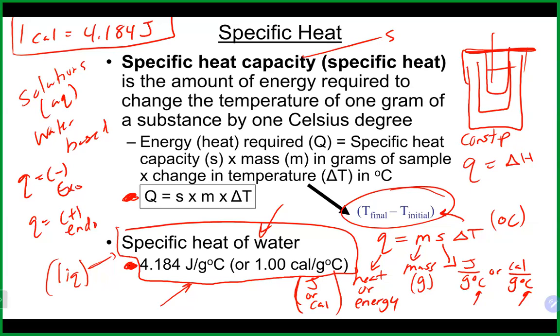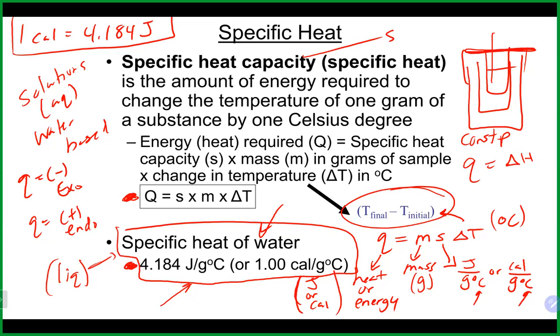Kind of like your metal you're going to heat up today. It's hot, very hot metal. You're going to throw it into the water, it's going to get cold. And that means when you take the smaller number minus the larger number, you'll end up with a negative value for the change in temperature, which will give you a negative value for Q, which means that's an exothermic type process, energy being released.